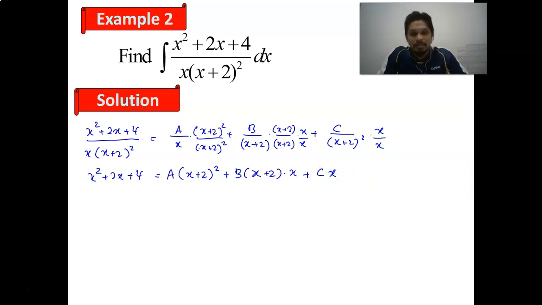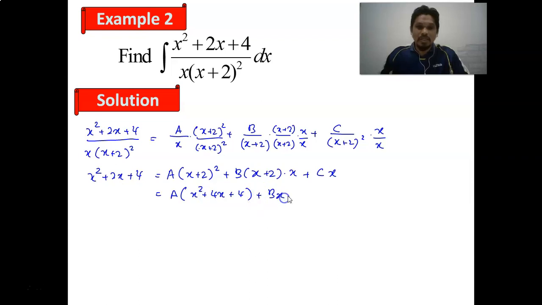Okay, which method are you comfortable with? Are we going to substitute with any value of x? Let's try another method. Let's try the expansion of this (x plus 2) in bracket squared, which is x squared plus 4x plus 4.